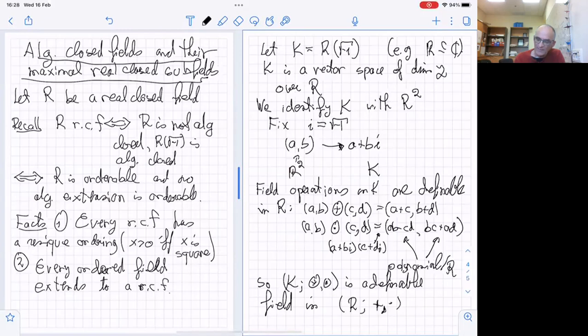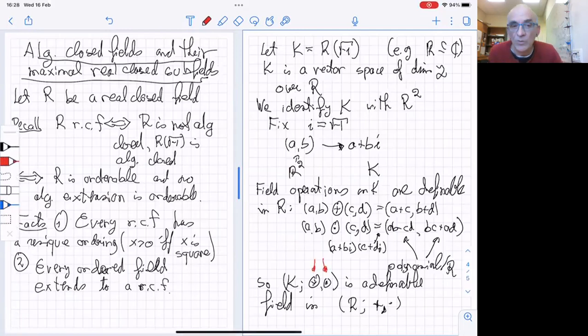And I should say from now on, I will not use this strange plus. I will use the usual plus and times, and from the context we will know which operation I talk about.